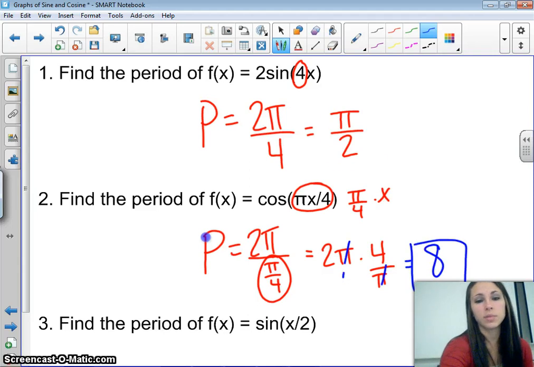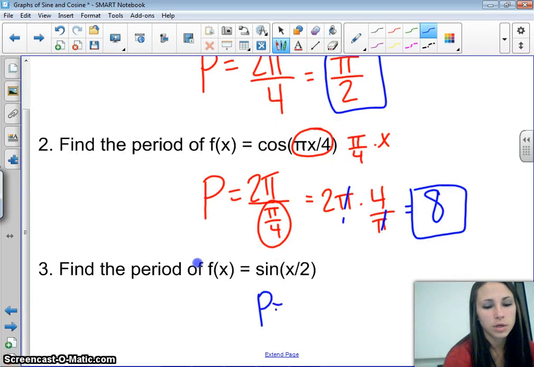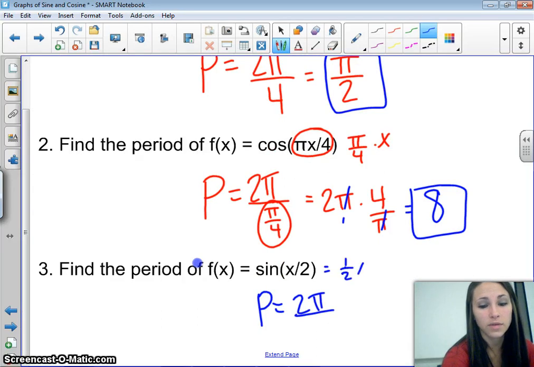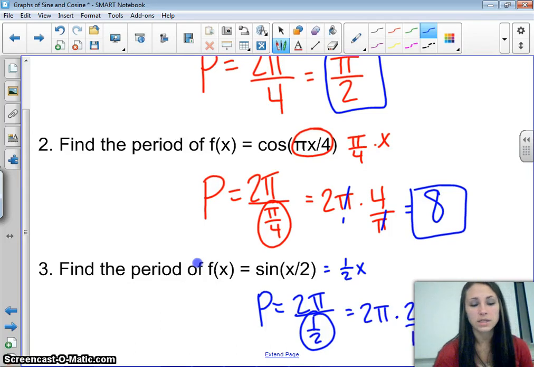It's possible to have a period that doesn't have a pi in it. That's fine. And then for this last one, the period is 2 pi over, this is the same thing as 1/2 x. So I'm going to put it over 1/2, flip it, and multiply. So it's going to be 2 pi times 2 over 1, which is just 4 pi. And that's how we find the period.